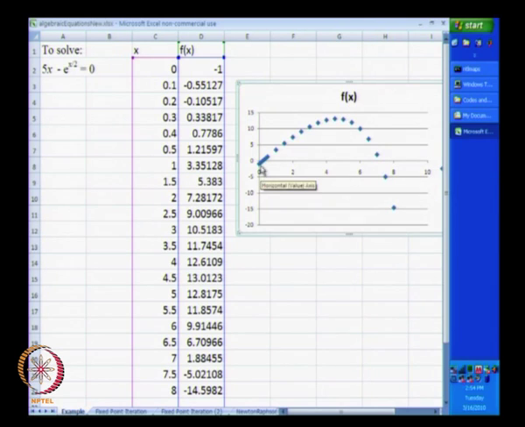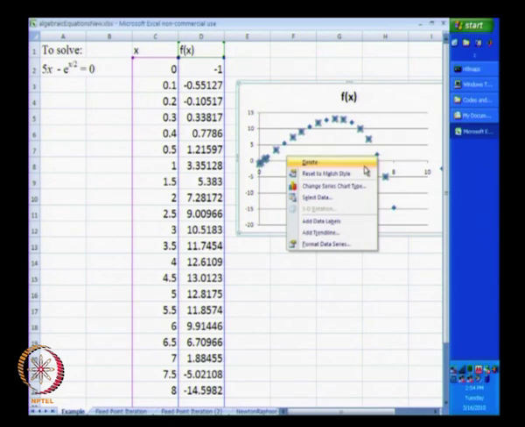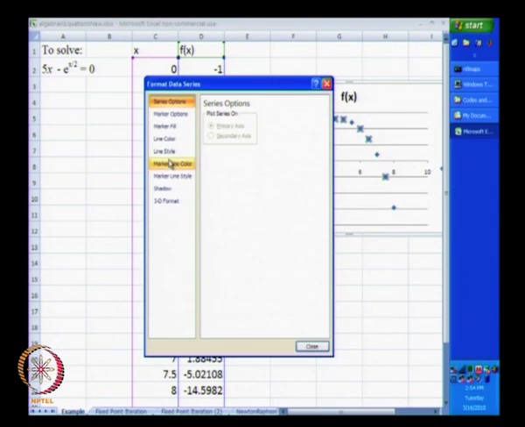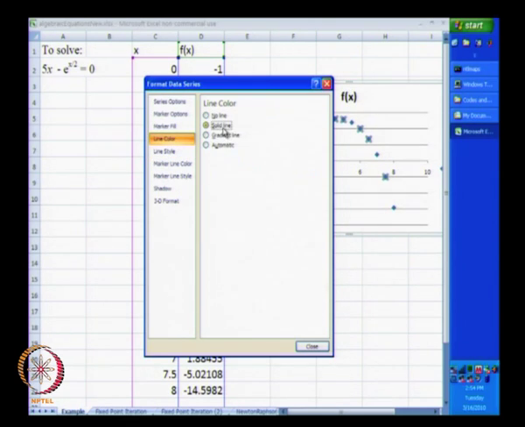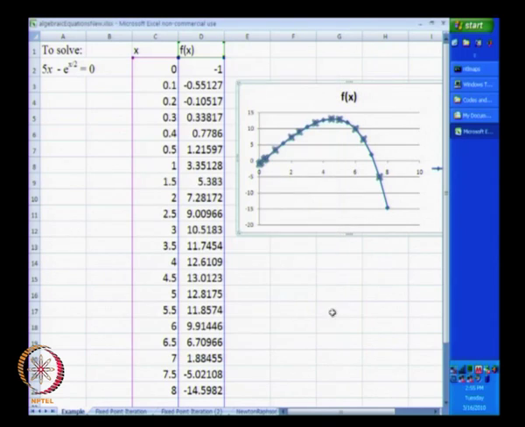So this particular function intersects the x axis at 2 points. These 2 points are the points of solution. So we can just format the data series and add a line. Okay.